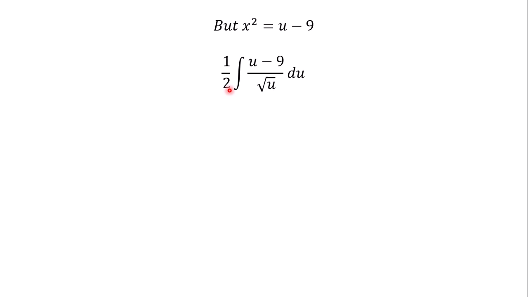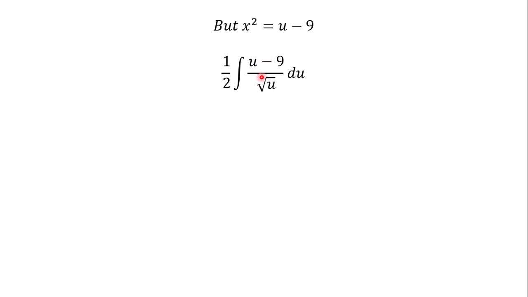So after replacing x squared, we have u minus 9 over square root of u du. Since it has one denominator, we can split it into like fractions. That is u over square root of u minus 9 over square root of u. When you compute it, this is what you get at the end of the day.